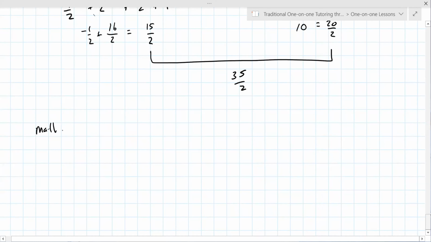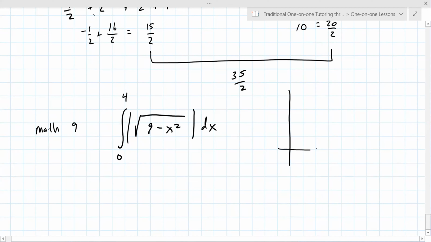Math 9. The type of problem I could see your instructor asking would be like the integral from 0 to 4 of 9 minus x squared, but then throw in an absolute value in here. Because this thing bounces at, I'm sorry, not square root, just 9 minus x squared.